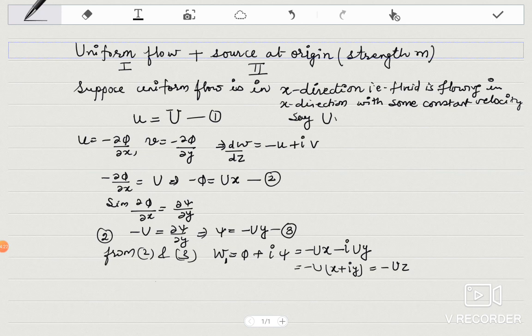It simply means that the complex potential for a uniform flow is minus Uz. Assume it as 4.